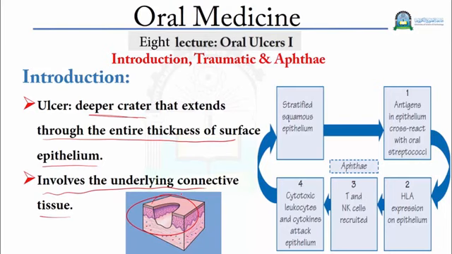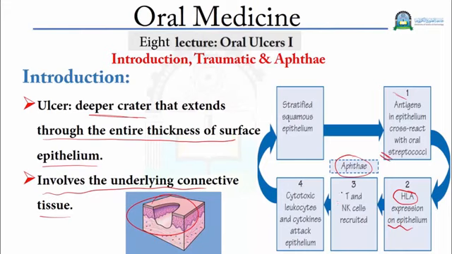So, how do ulcers develop in the oral cavity? One of the simplest explanations of the aphthous ulcer pathogenesis is the pictures presented here. In step 1, the antigens in the epithelium cross-react with the oral streptococci, and human leukocyte antigen expression on the epithelium occurs.